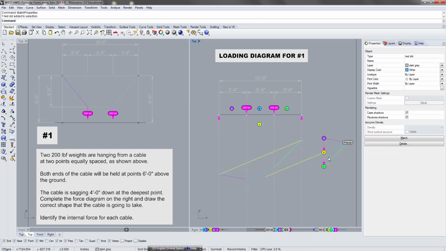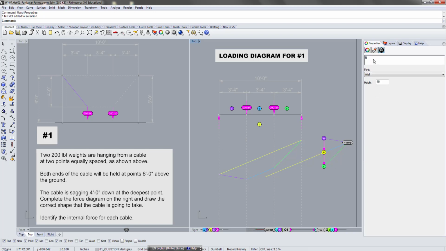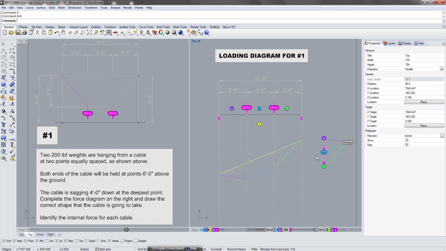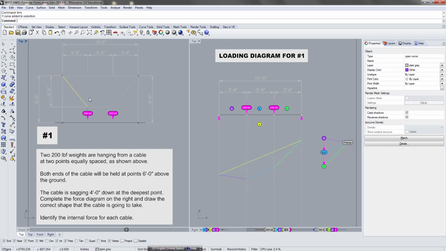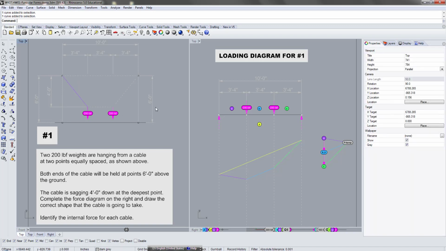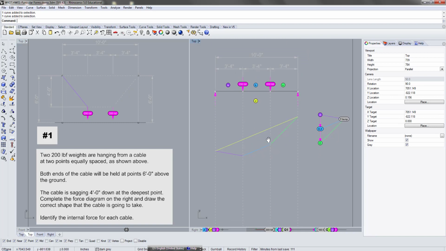The point D happens to be identical to point B, so I'm just going to call that point B and D. After completing this force diagram and force polygon, we can see how the form is completely different from what we intended it to be. So we need to adjust this diagram.